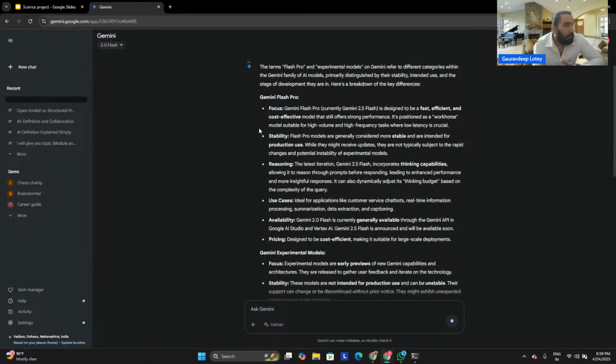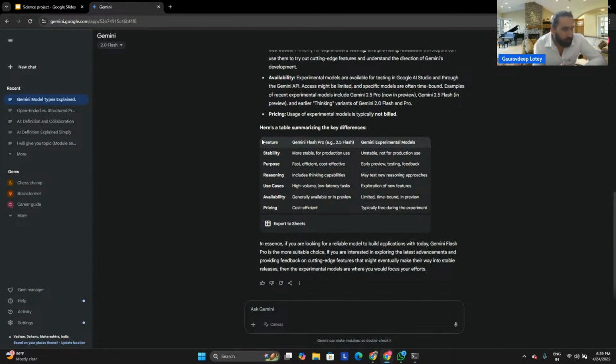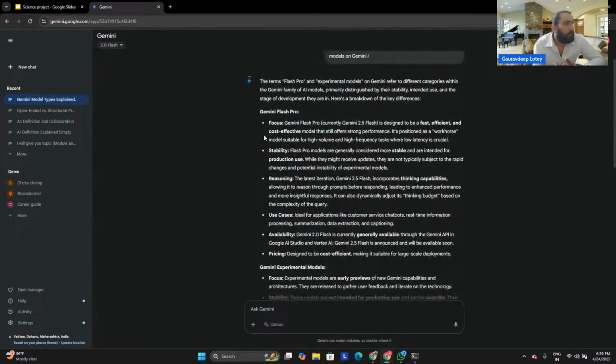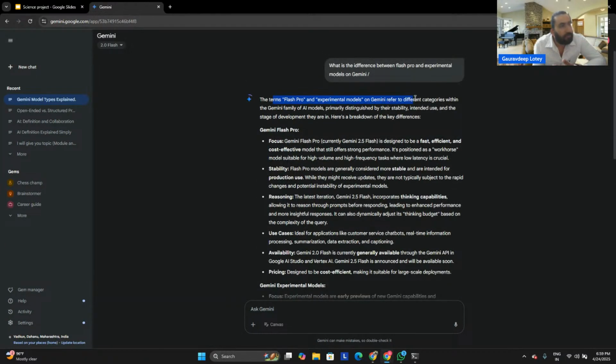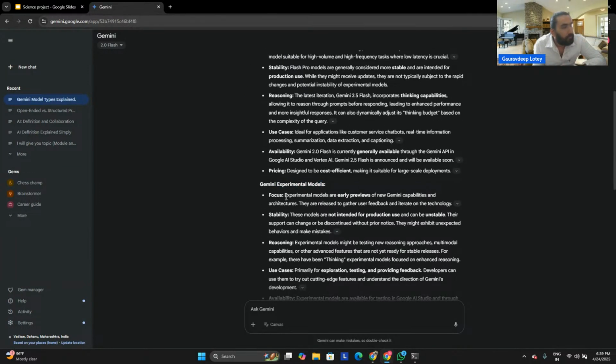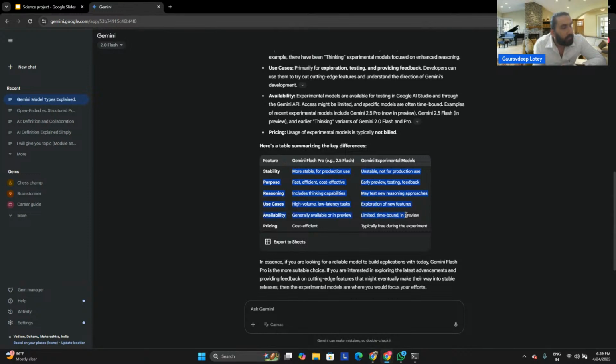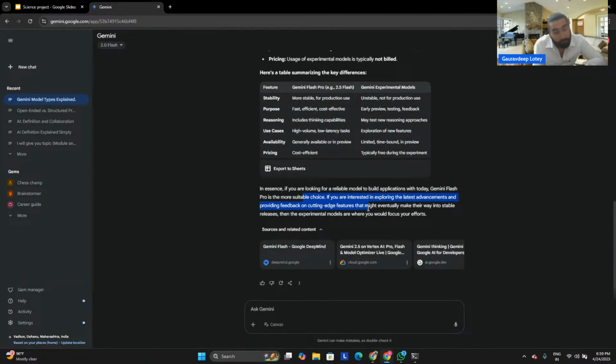If you see, this gives me a lot of information. It talks about how the terms Flash and Pro refer to different categories. Flash is designed to be fast and efficient, for high volume, high frequency things, and the experimental models are early previews, and this is where you can find a conclusion between them.